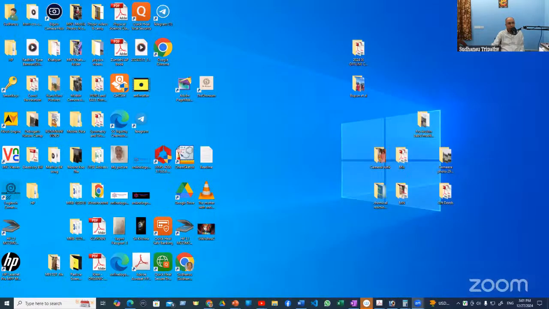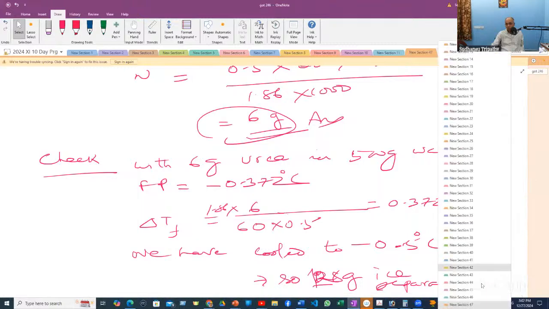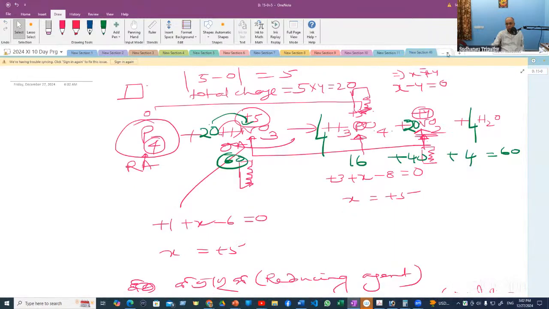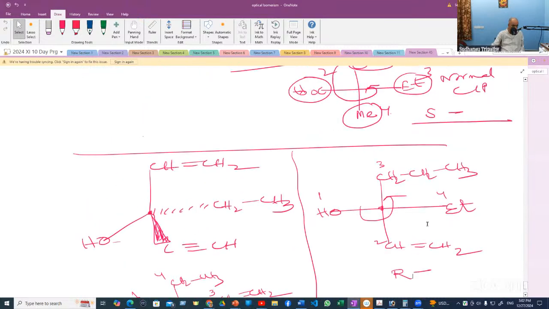So let me share my screen. So we had yesterday learned how to convert the two ways formula and one ways formula to Fisher formula.